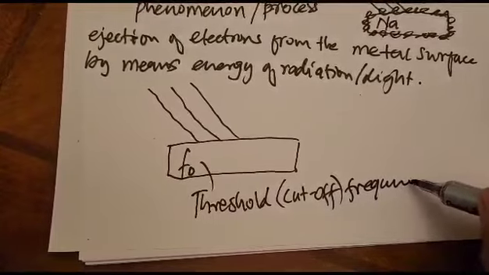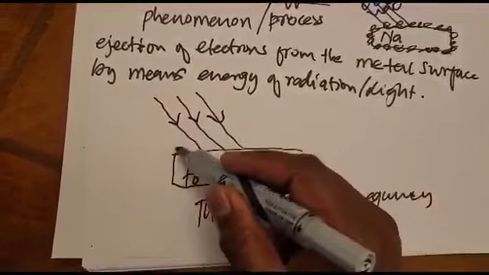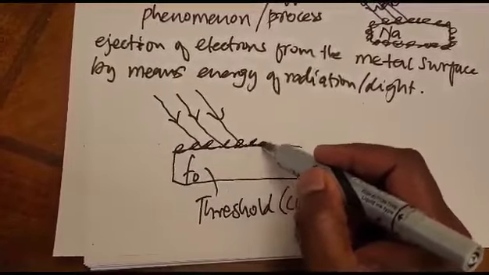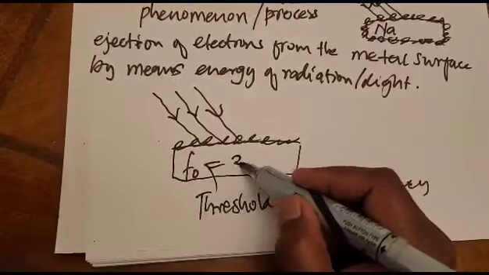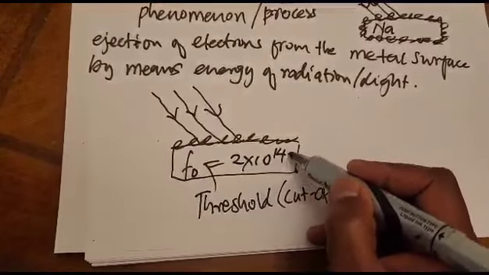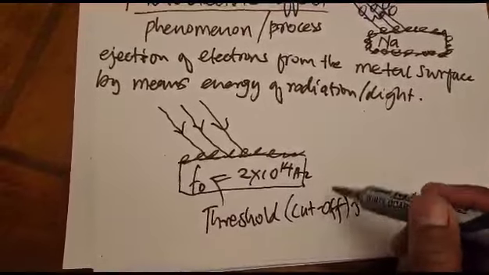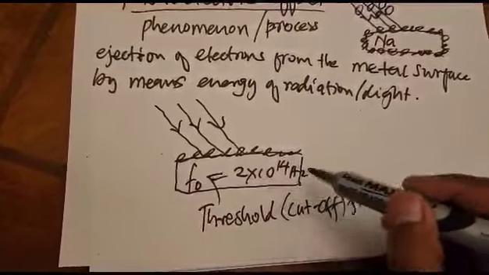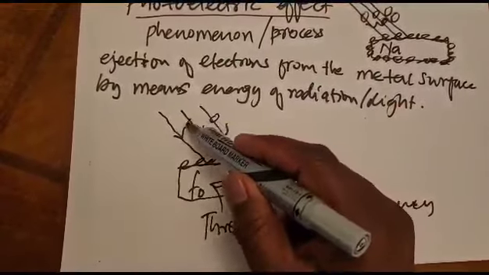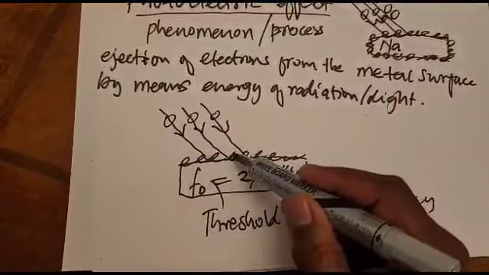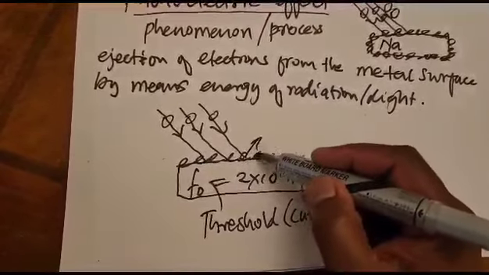Now, if light is incident on that metal where electrons are floating, and the frequency of this light, for argument's sake, is 2 by 10 to exponent 14 hertz, it means every electron floating on that metal will be vibrating at this frequency. Any radiation incident on that metal, if electrons are to be emitted or ejected, has to beat this frequency.